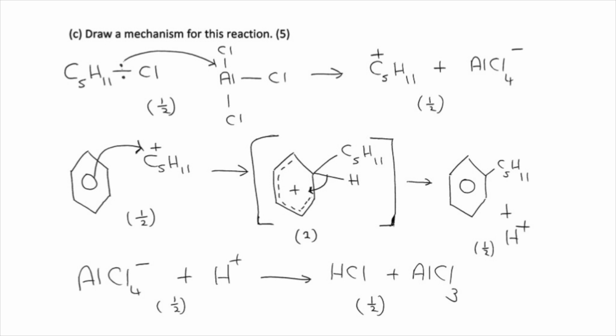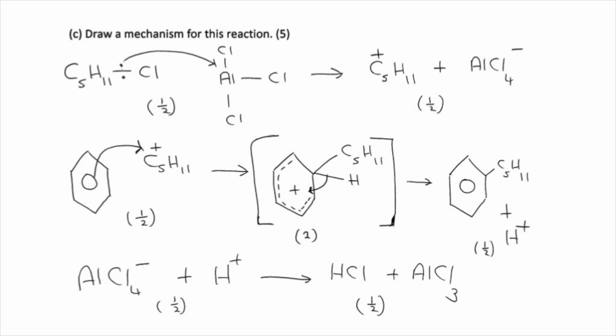Now for stage 2, step 2, a pair of electrons moves from the delocalized ring of electrons and attacks the C5H11+, so in other words attacks the electrophile, and there's half a mark for that.